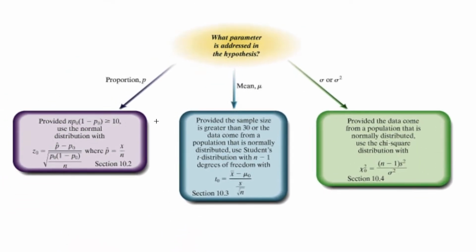We only covered 2 of these. However, you also can have the standard deviation ones. This is one we did not cover. So depending on which one you have, your proportion, your mean, or your standard deviation.